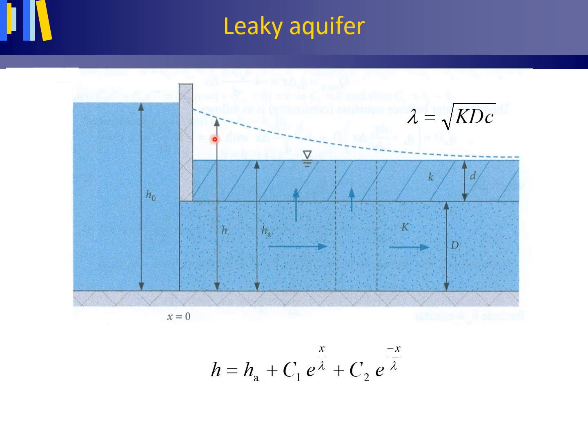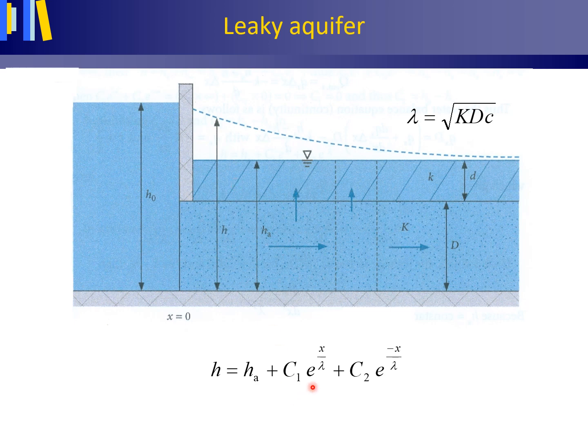H is the hydraulic head in the aquifer at location x in meter. HA is the artificially maintained hydraulic head in the confining semi-permeable layer in meter.